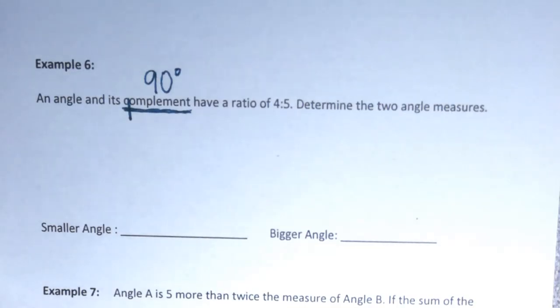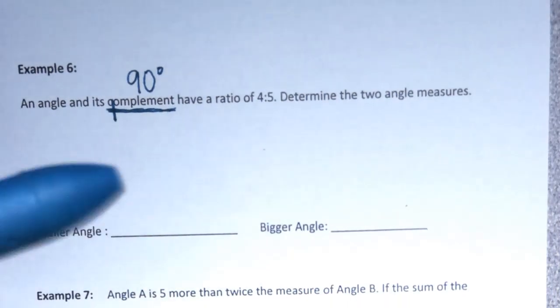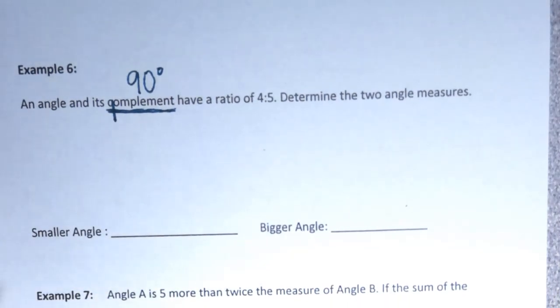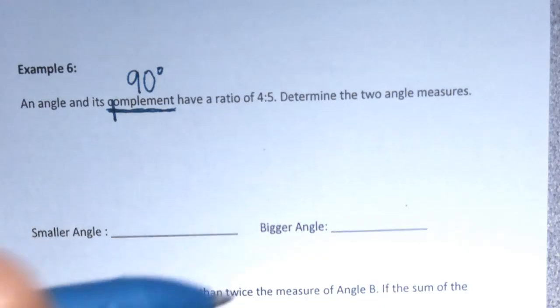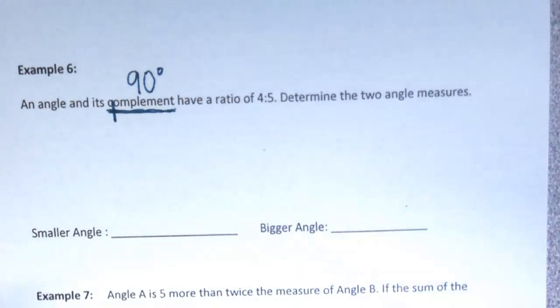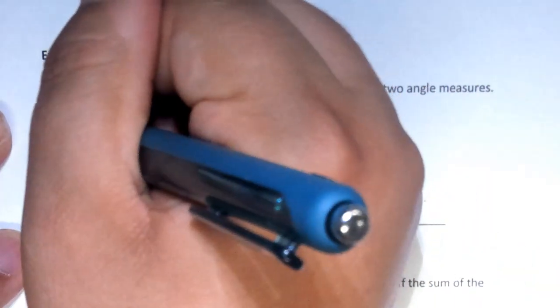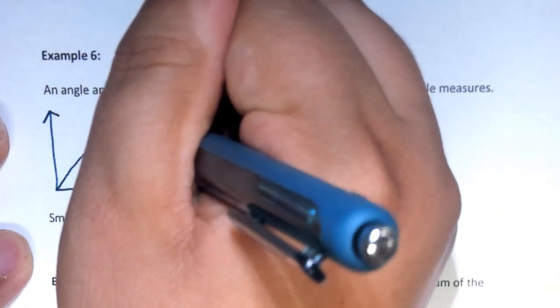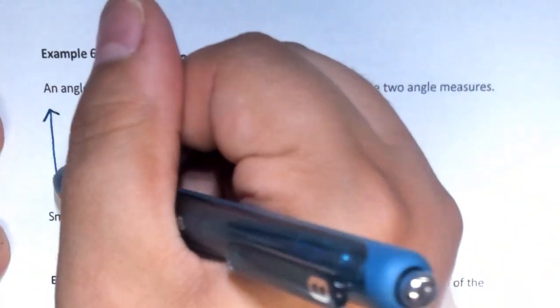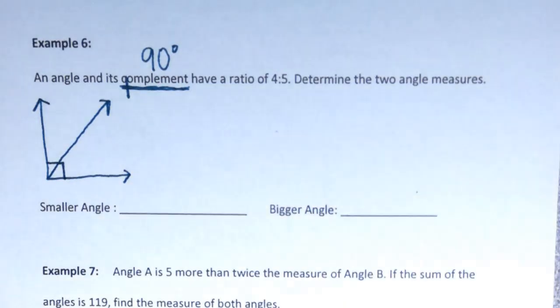Right, so a right angle is 90 degrees. Complementary angles are 90 degrees. When I say you have a complement, that means 2 angles that add up to 90 degrees. So I'm going to draw a picture of 2 angles that add up to 90 degrees.